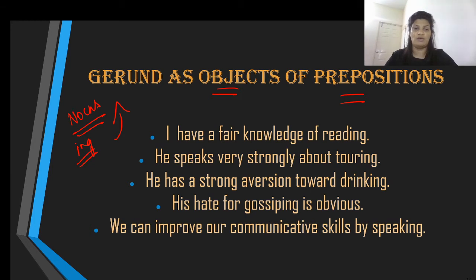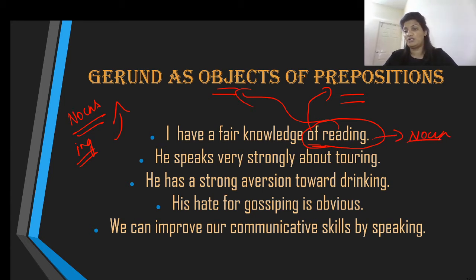Let us see how. I have a fair knowledge of reading. Here we have the preposition and reading, your ing verb, but it is functioning like a noun. So what are we going to consider that as? A gerund. When an ing verb functions like a noun, we call that a gerund.